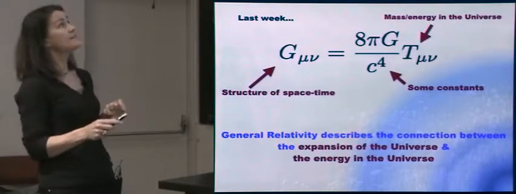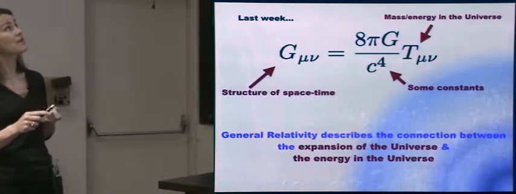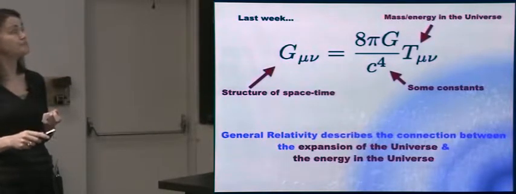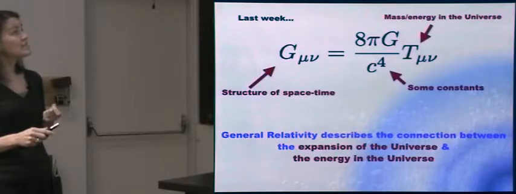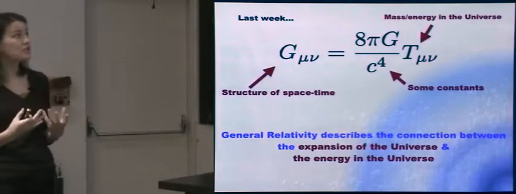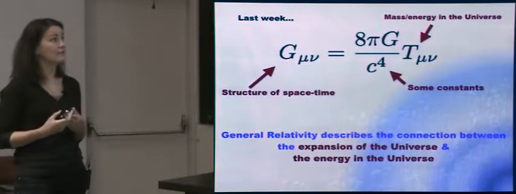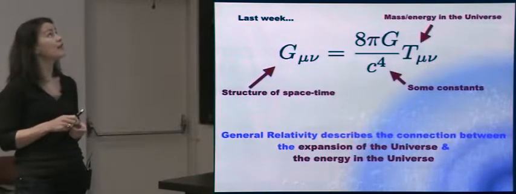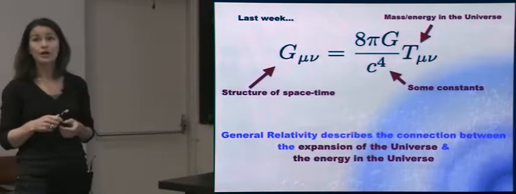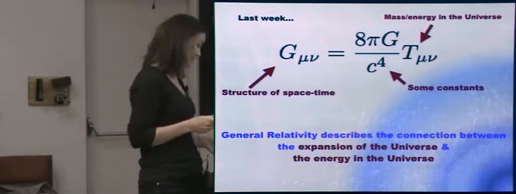And this is in this T mu nu component here, the mass and energy of the universe. And then there are just some constants out here in front. So you can just think about this equation in terms of words, that there's a connection between the expansion of the universe and the energy and pressure in the universe. So this is this idea of matter tells space how to curve, and space tells matter how to move. So that's where that expression comes from.